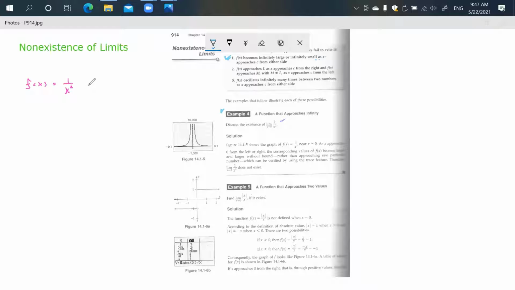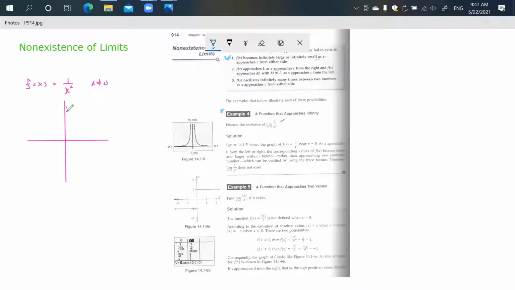Vertical asymptote, everyone still remember how to see the denominator here, right? Of course, x shouldn't be 0. So when we plot the graph, the vertical asymptote is x equal to 0 here.